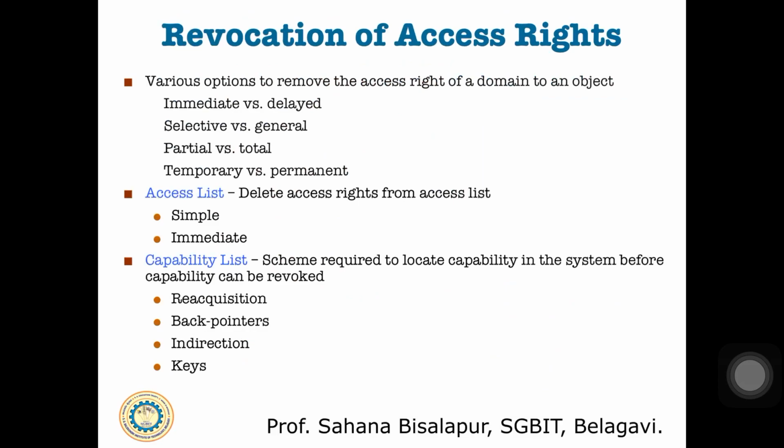For example, if you want to access it, you search for it; if it is deleted, you can reacquire that capability, in the sense that you can restore it and use it. That is reacquisition.